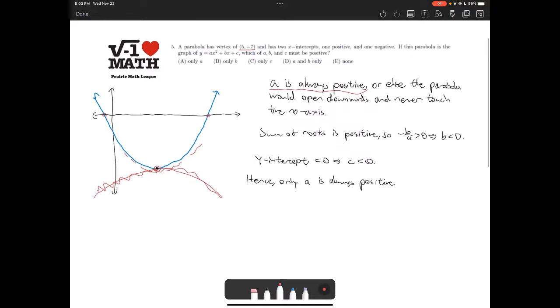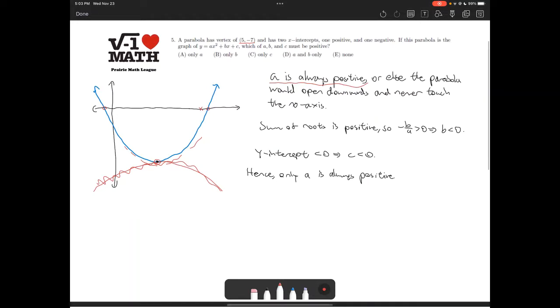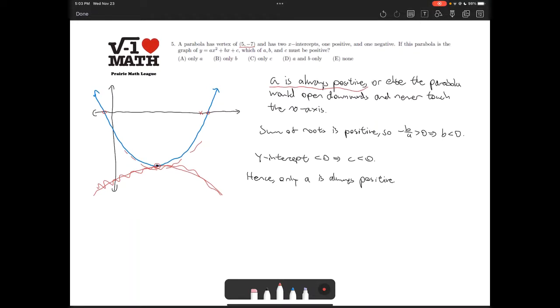Now, the sum of the roots in this case is obviously positive, because it is probably about somewhere here. Hence, by Vieta's formulas, which state that negative b divided by a is the sum of the roots, negative b over a is greater than 0.